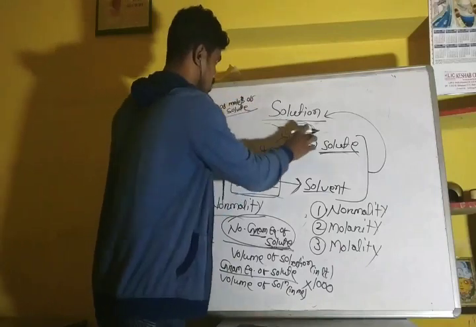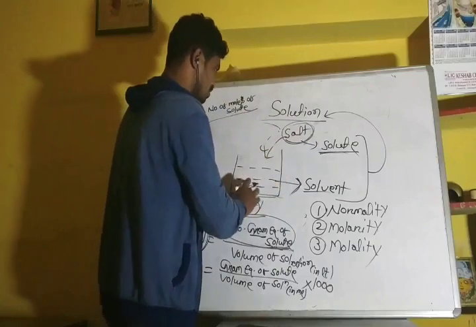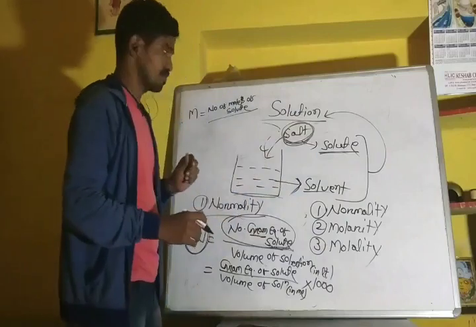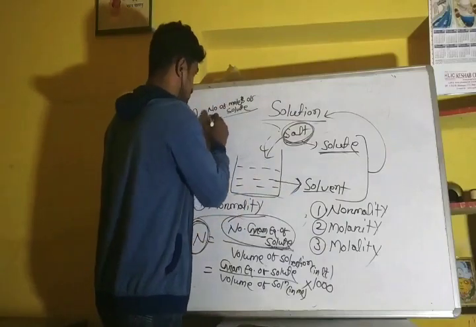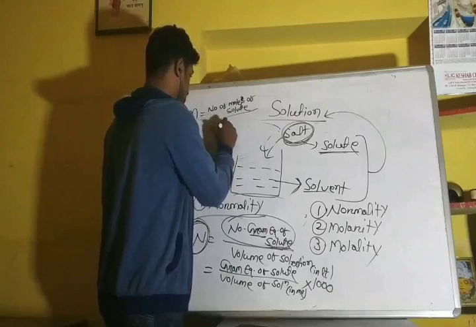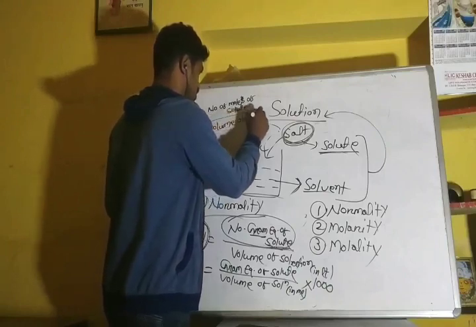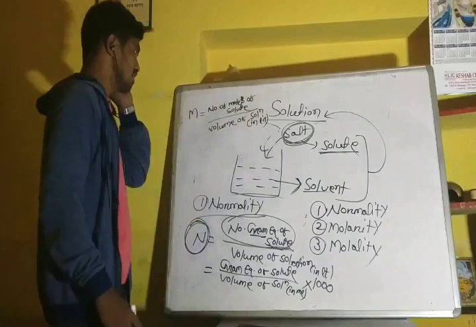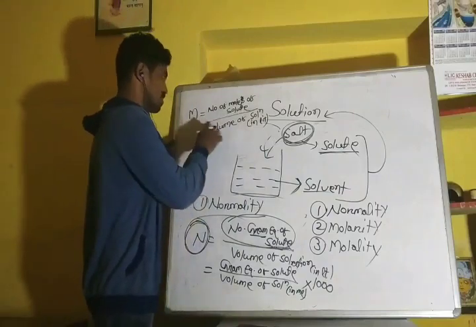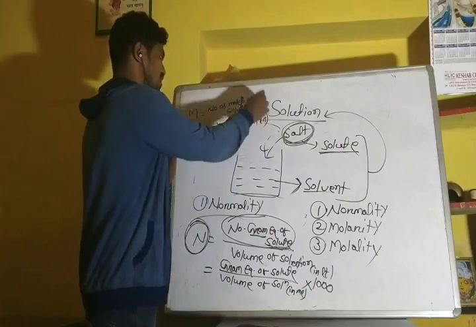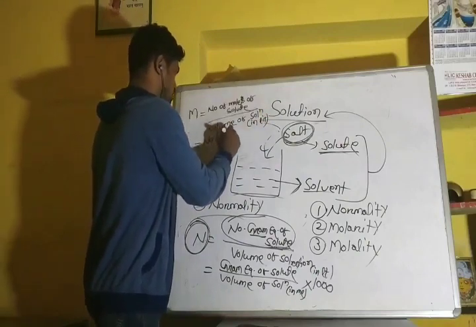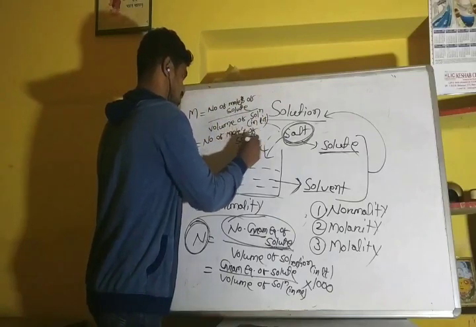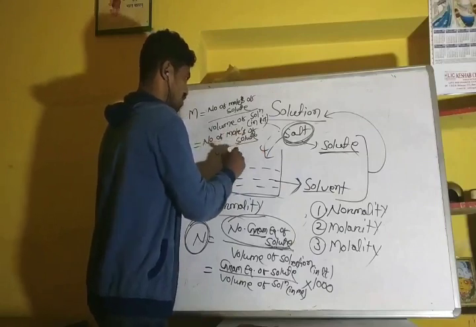Mark the point, that is the number of moles of solute, when we prepare a salt solution, the moles of salt in this type of solution, by volume of solution in liter. Then we can find the molarity. If we express in ml, then we multiply by 1000: number of moles of solute by volume of solution in ml into 1000.